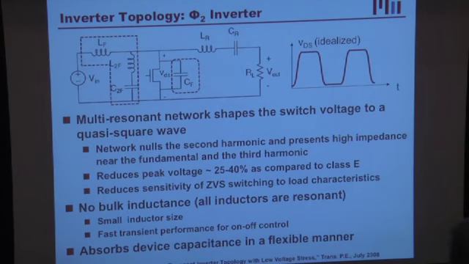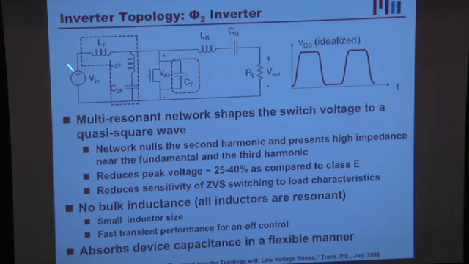So let me just show you an example. This is an inverter topology that we've been using for a number of years now to get to these frequencies, and it illustrates some of these characteristics. So rather than using something like a Class E topology, we pair the transistor with a resonant network that shapes the converter voltage to almost a square wave, very similar to what you'd have in a much lower frequency topology, but without the use of a flying switch.